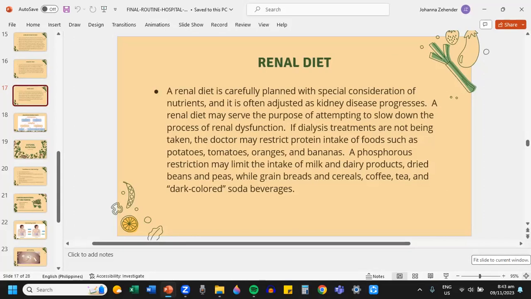Okay, a phosphorus restriction may also limit the intake of milk and dairy products, dried beans and peas, while grain breads, cereals, coffee, tea, and dark-colored soda beverages. Okay, so take note of the restrictions under renal diet.